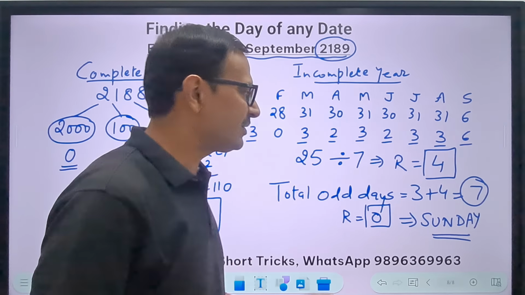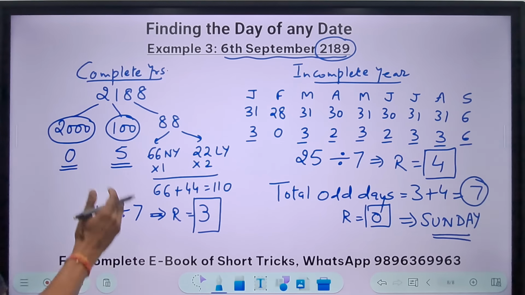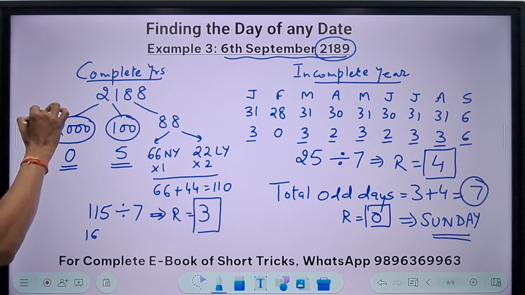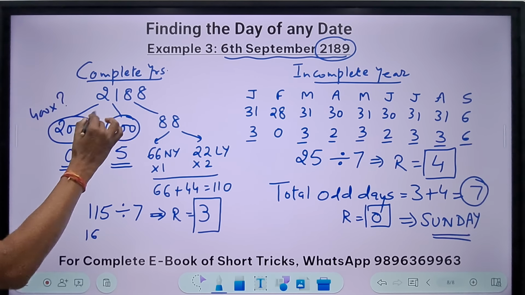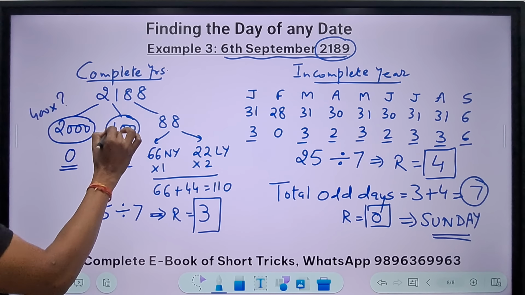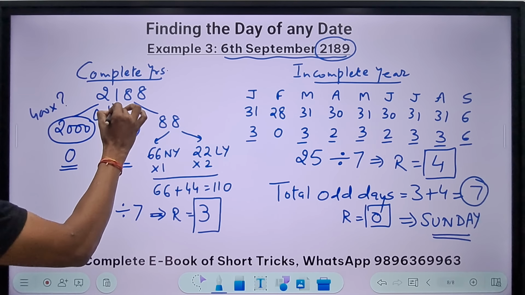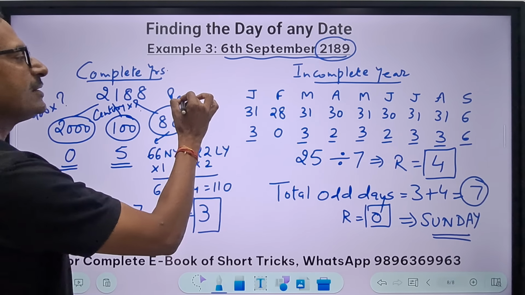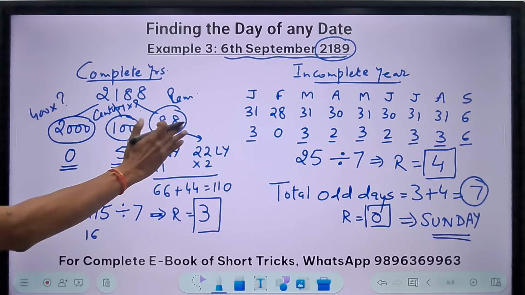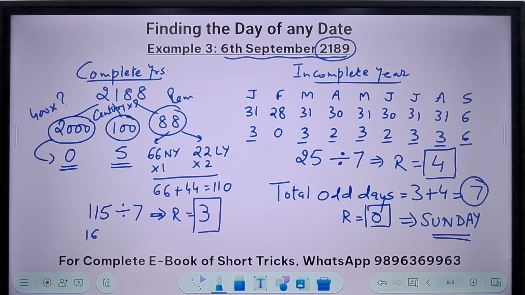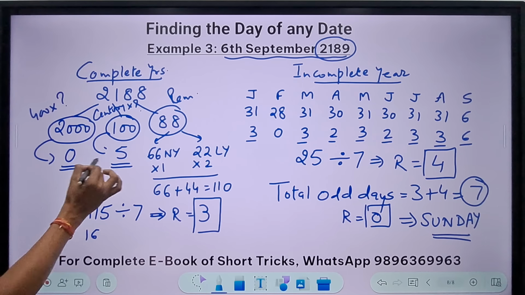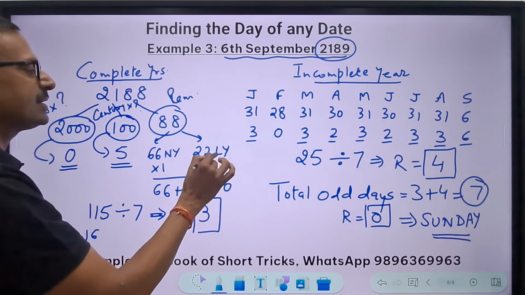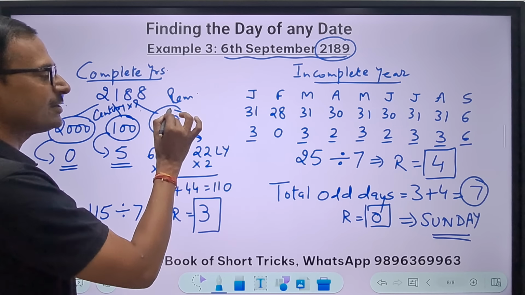So I hope it clarifies all the concepts, how complete years are to be divided into the multiples of 400, and then the remaining years are to be divided into century. These are century years multiplied by something, and then these are the remaining years. So for each you should know how many odd days are there in multiples of 400, how many odd days are there in complete century years, and then how many normal years and leap years are there in these many years.